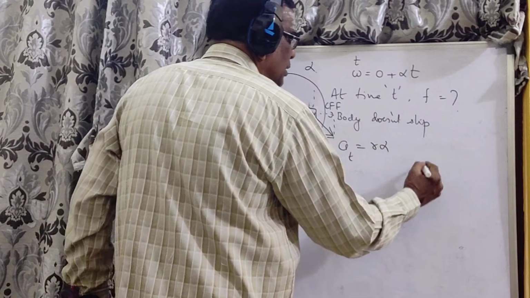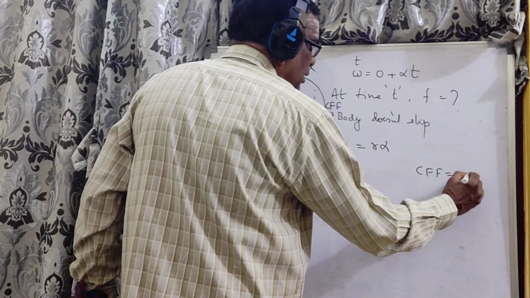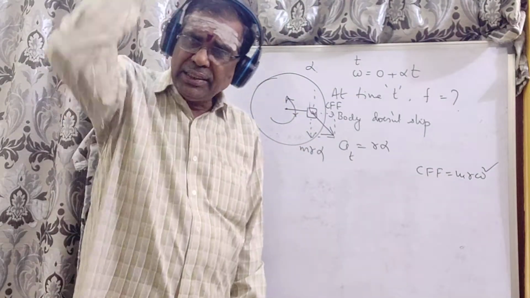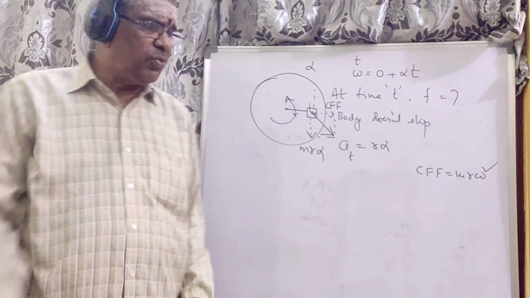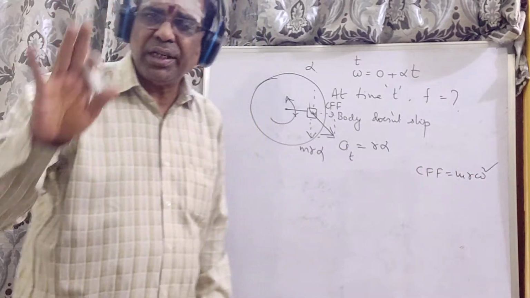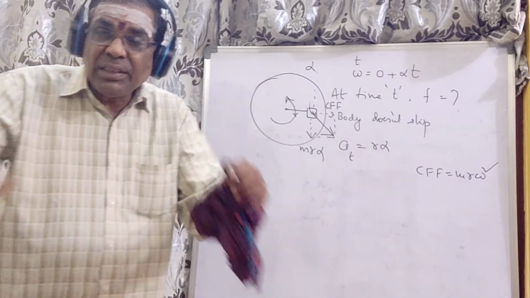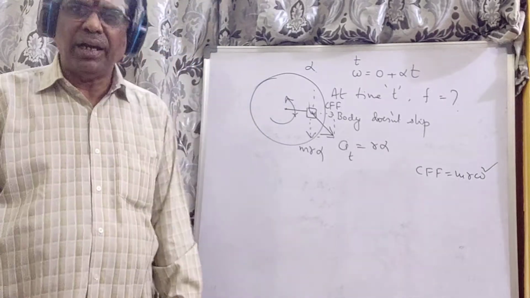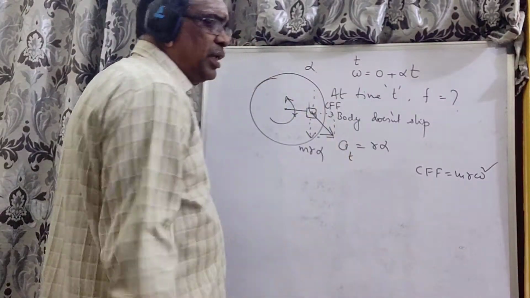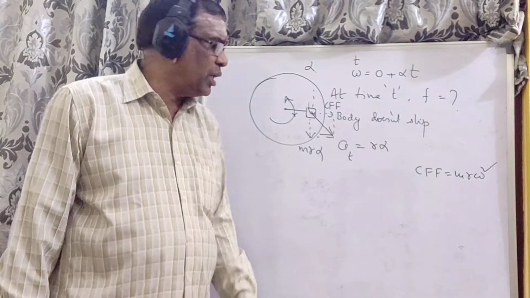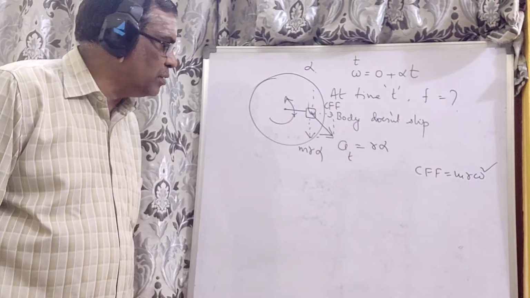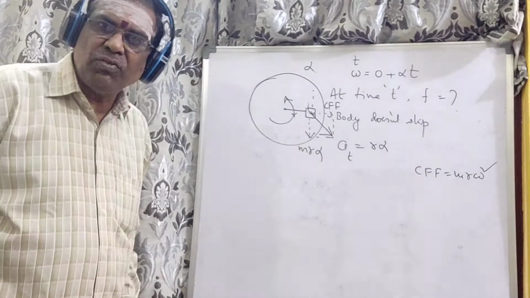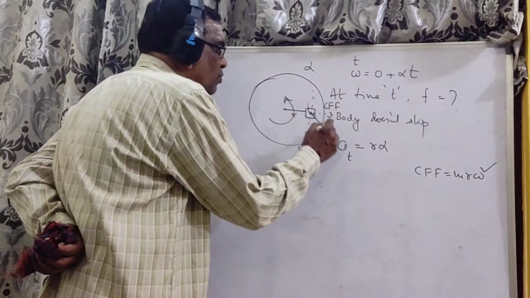Centrifugal force always acts away and is equal to m v square by r, or m r omega square. Whenever they ask centripetal force, never say m r omega square or m v square by r. You have to give the combination of all the real forces acting on the body towards the center in the plane. So this is the centrifugal force and this is the tangential force, both are acting, and the resultant force is like this.